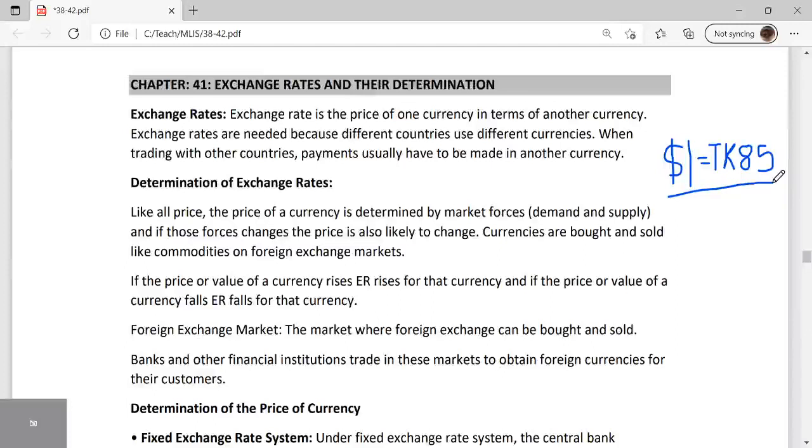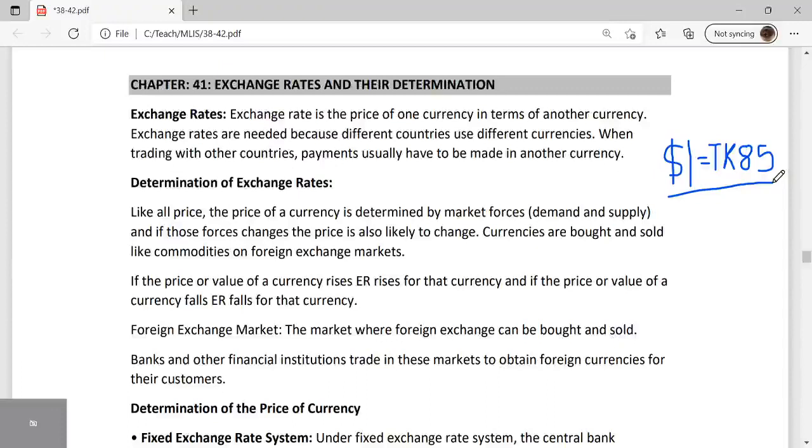And if someone from USA comes to your country, they cannot use dollars; the dollar needs to be converted to taka if they want to continue their purchase.